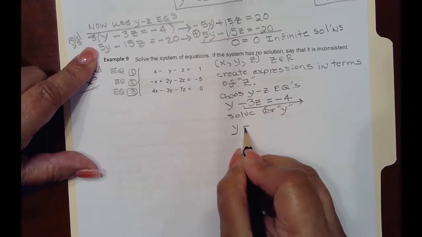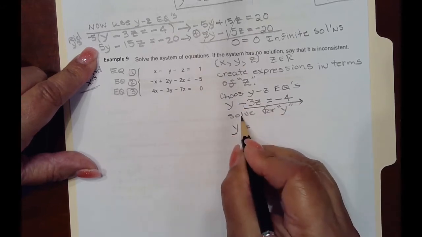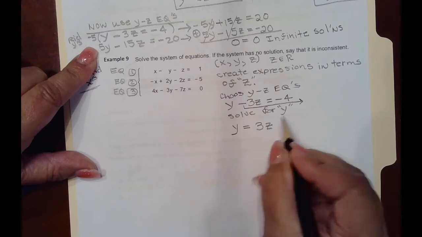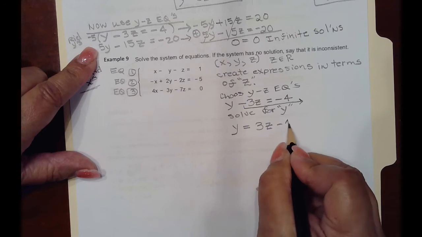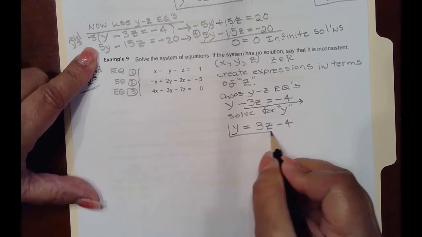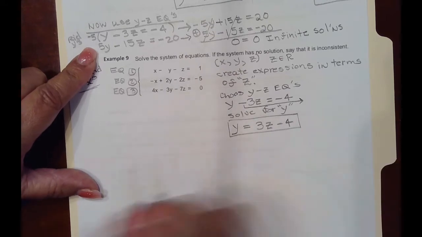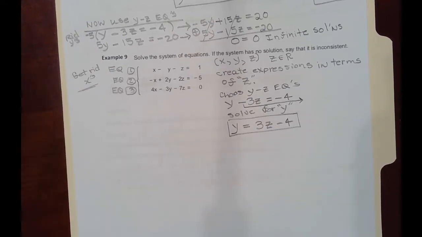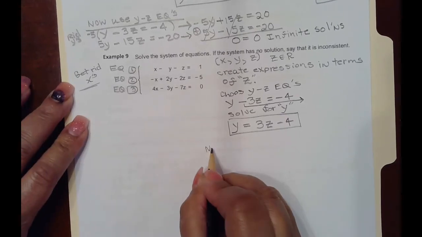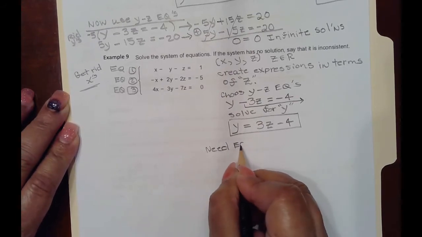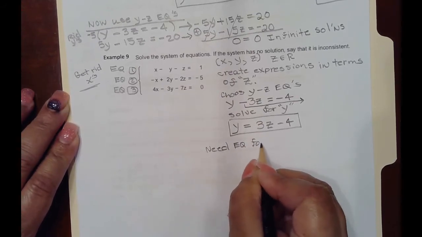So you have y is equal to, this negative 3z will come over here, now becoming a positive 3z. That negative 4 was already there. So you have an equation for y in terms of z. Remember, z can be any real number. So the last thing that you're going to need is an equation for x.